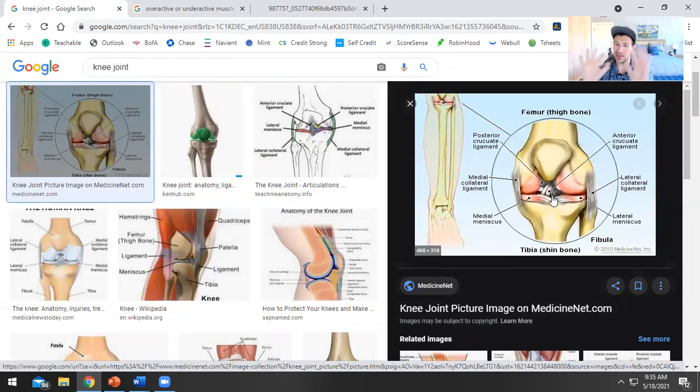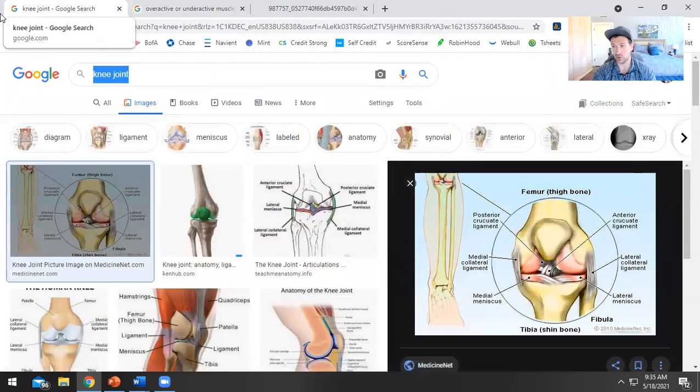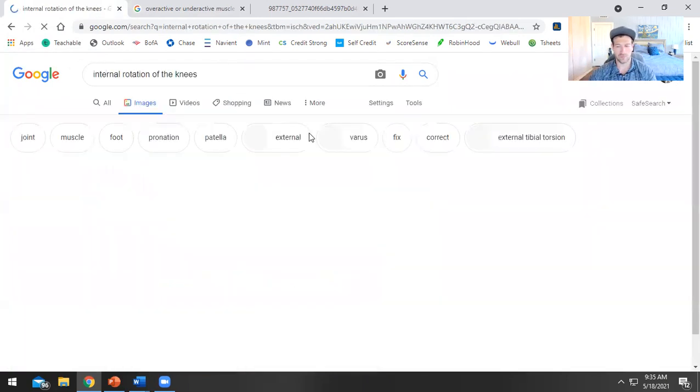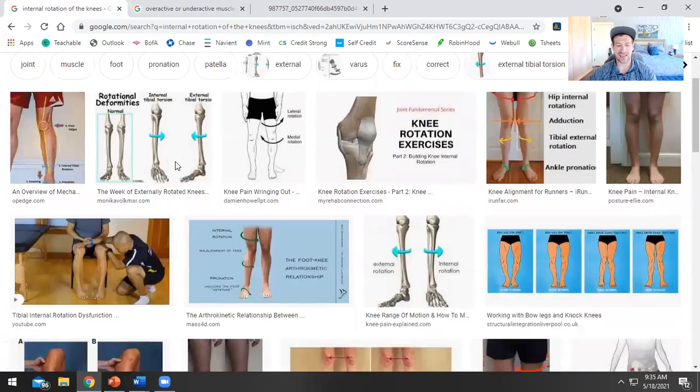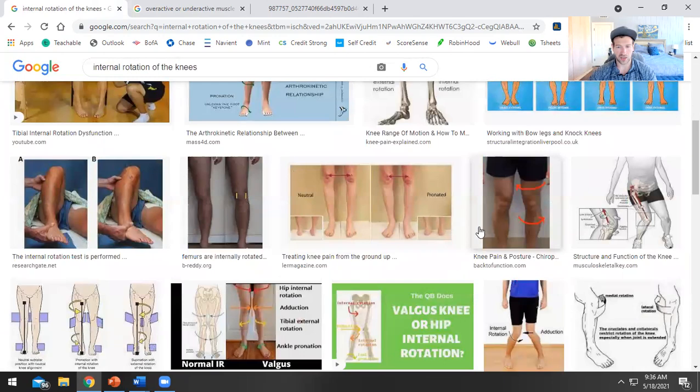So how can it so effectively cave in on one side? Well, there has to be an internal rotation. You'll see this caving in action, this internal rotation here.